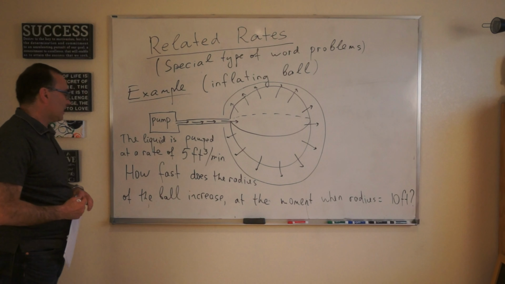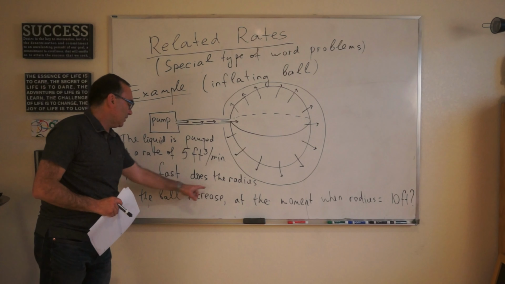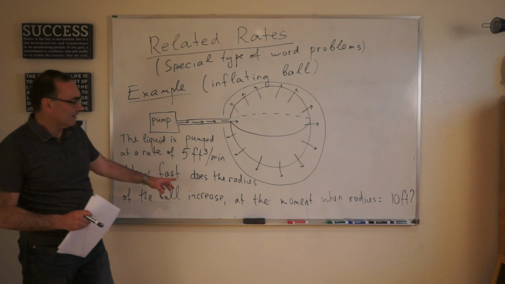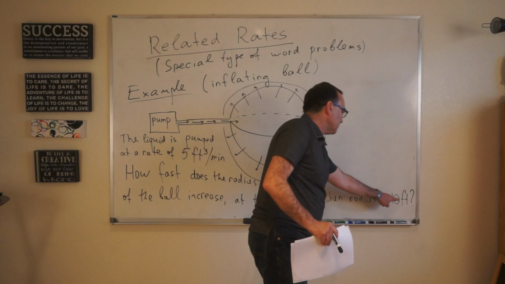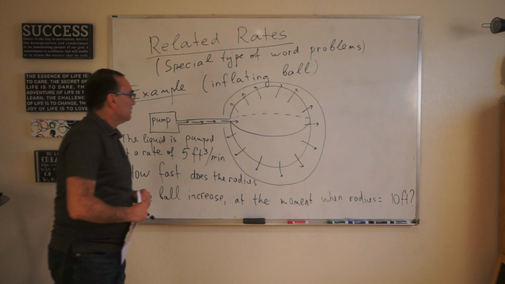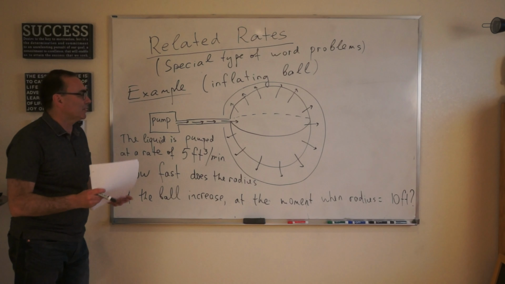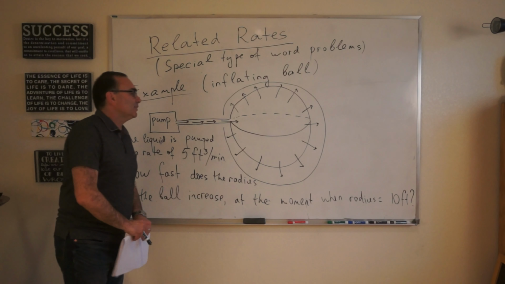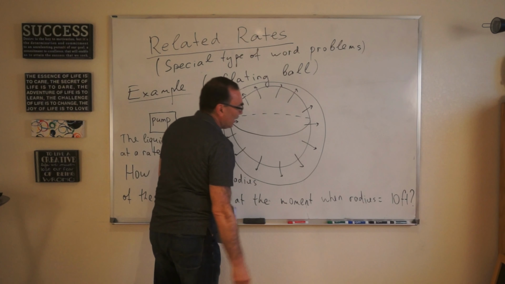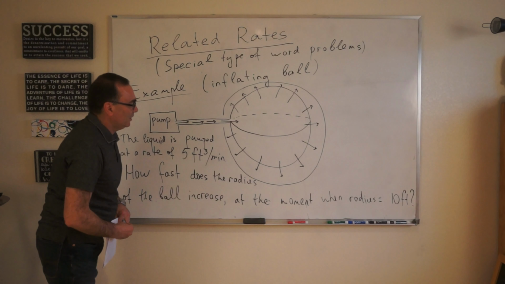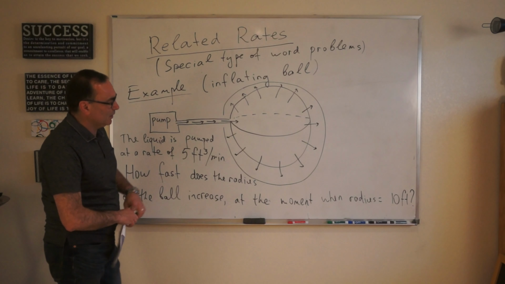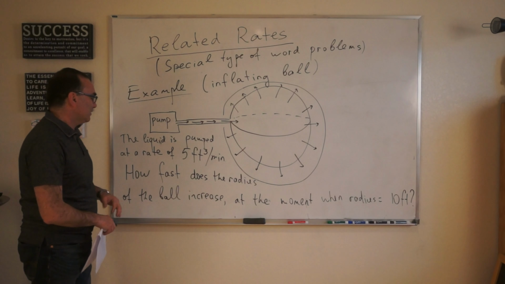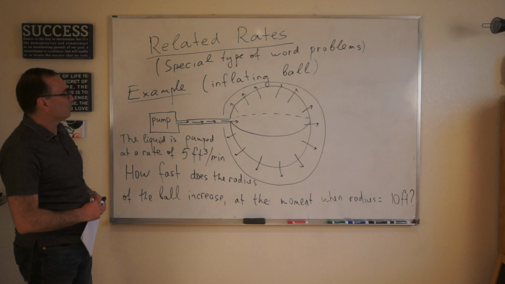And the question is exactly how fast the radius of the ball grows at that very moment when the radius equals 10 feet. Questions like this are important in engineering and physics, because if the radius increases too fast, the ball can burst. If it's increasing slowly, then hopefully it will not burst. So let's calculate how fast the radius is increasing.